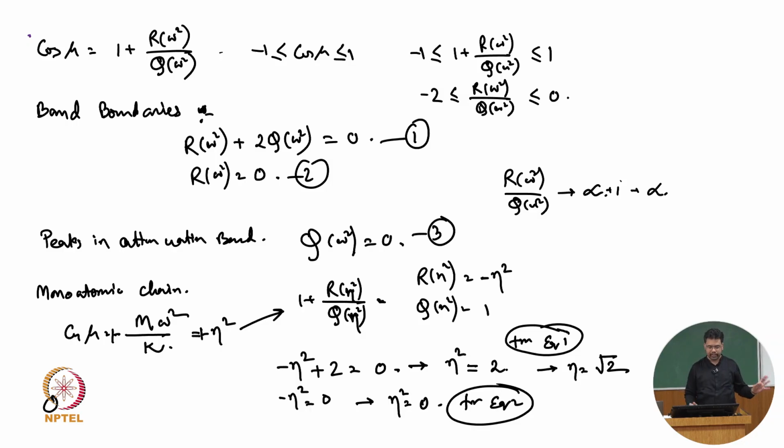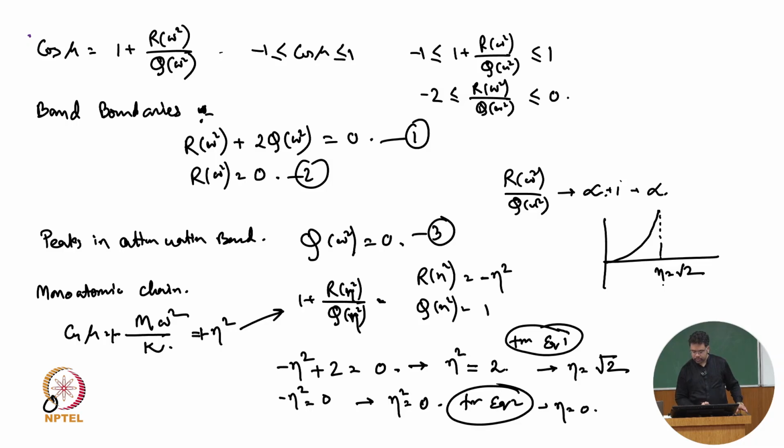That's not a real type of thing, and here we can see eta equal to 0. Now if we recall the band structure, the dispersion diagram, we can see that it will go up to eta equal to root 2, and then we will have the band gap. So one side eta equal to 0, another side equal to root 2.